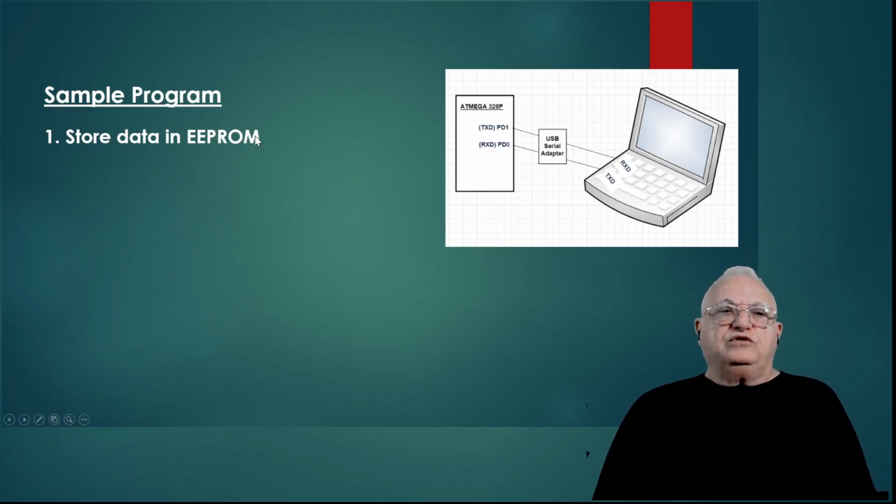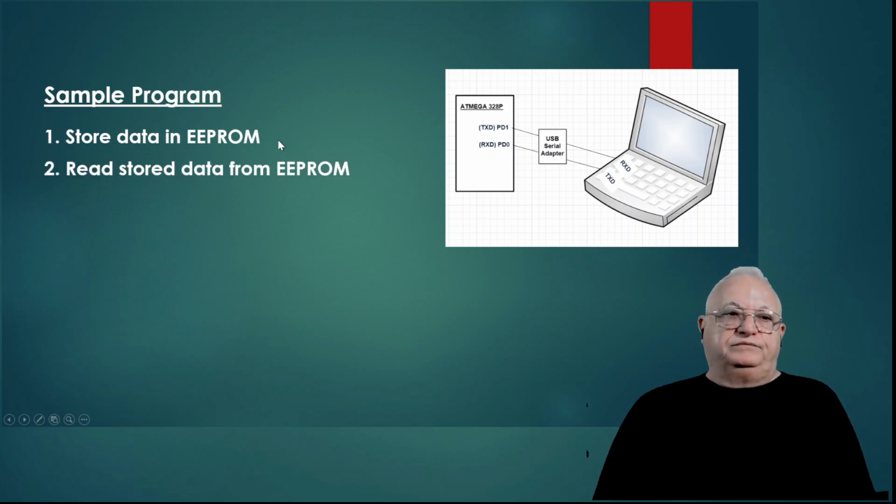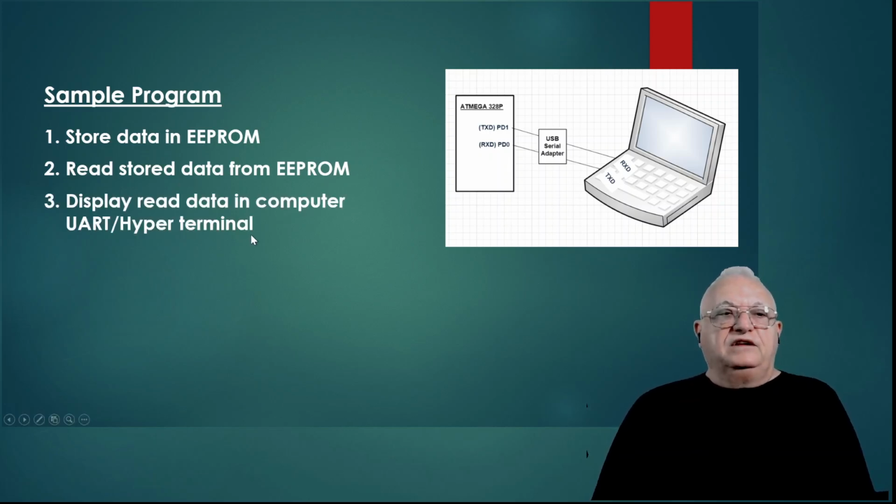First, it's going to store data into the EEPROM. Next, it's going to read the stored data from the EEPROM. And finally, we are going to display the read data on a laptop using HyperTerminal. So basically, we store data, then we actually display the data that we stored.